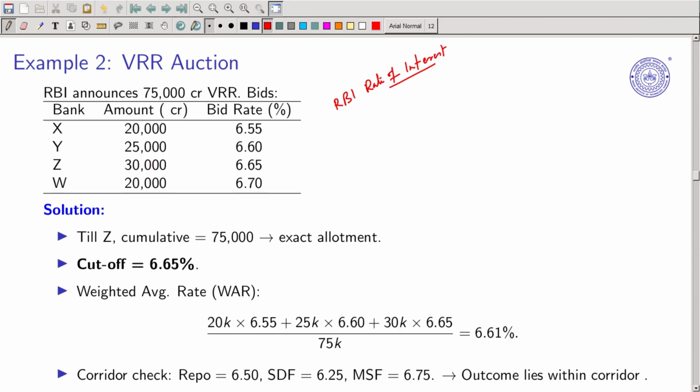So 50 and 25, 75 is already done. So that is the total allotment that the RBI is going to give, but the maximum bidding is done by this bank.